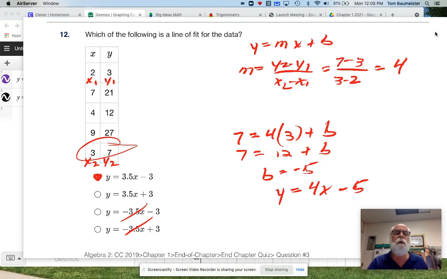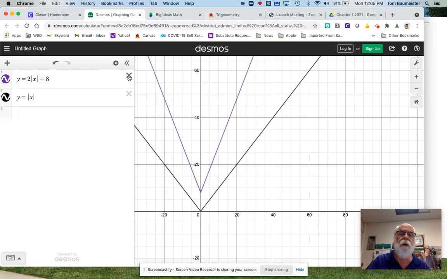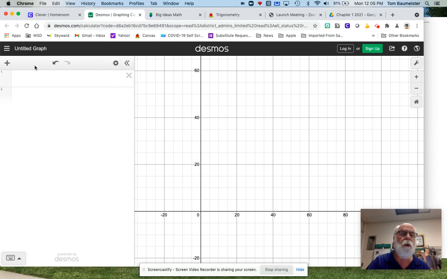So let's go ahead and use our graphing calculator. All right, so I'm going to do the same thing, right? Except now I'm going to get rid of that. I'm going to get rid of that. And remember, I'm going to do this table. So I'm going to go to add an item. I'm going to do my table.